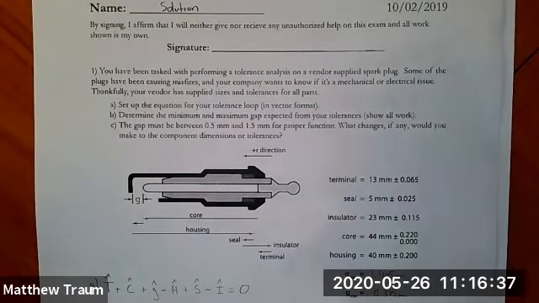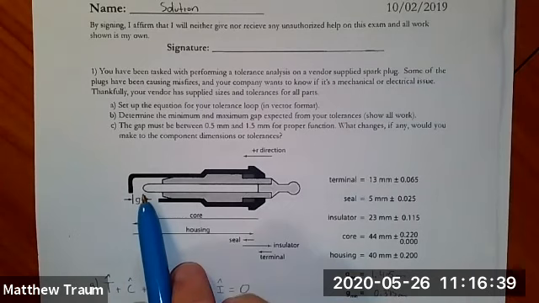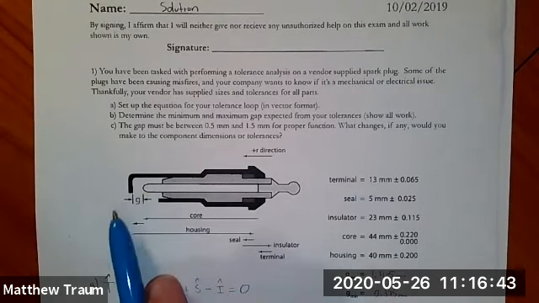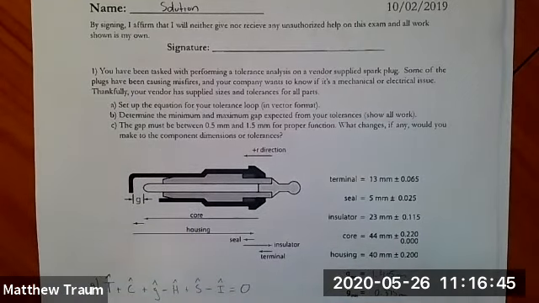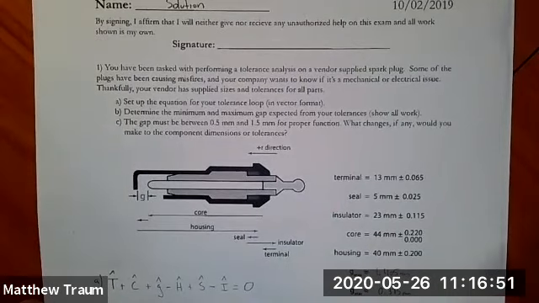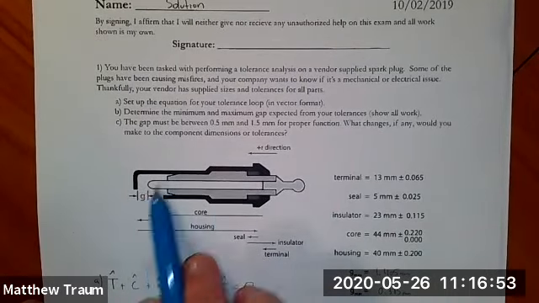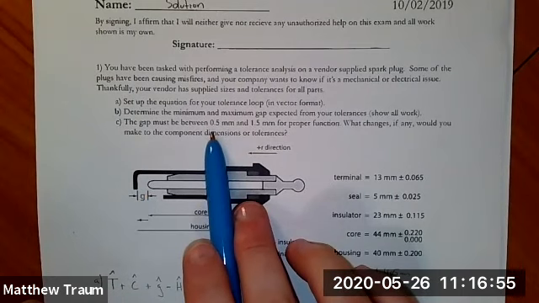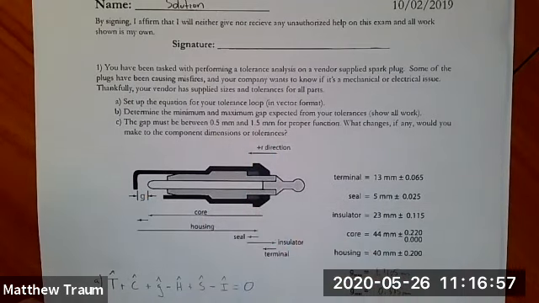Conversely, if the gap is too big, there isn't enough voltage to push the spark from the core over into the housing of the spark plug. No spark will jump, and so there's no combustion process. Either way, you can get a misfire unless the spark plug gap is dialed in precisely from 0.5 to 1.5 millimeters. So that's the background of this.